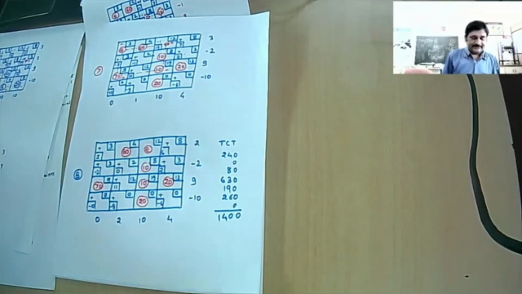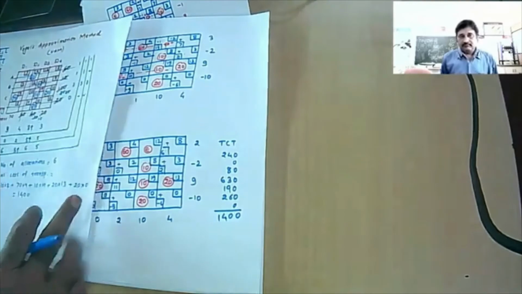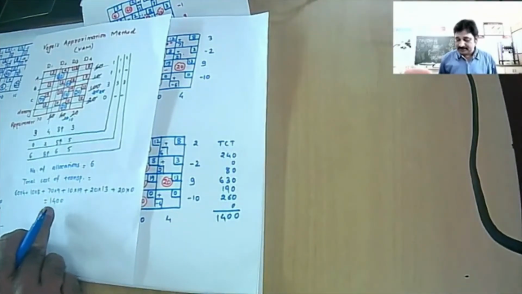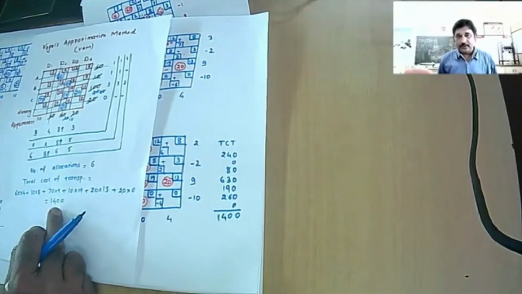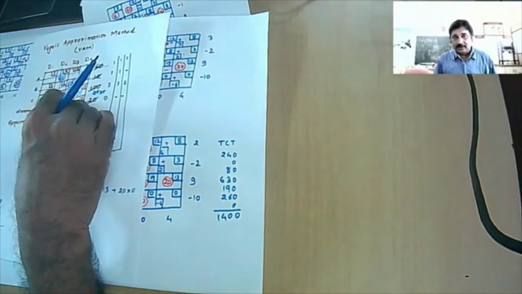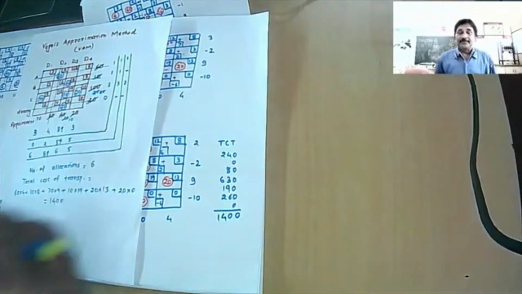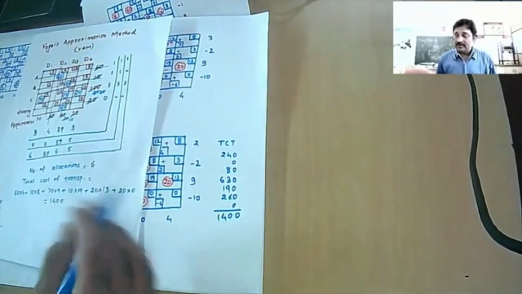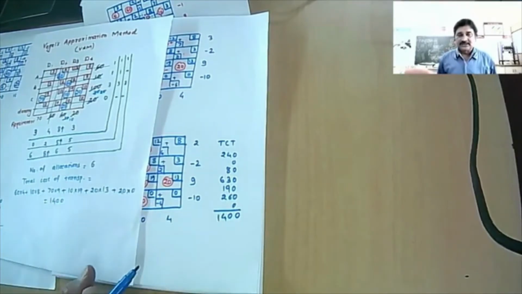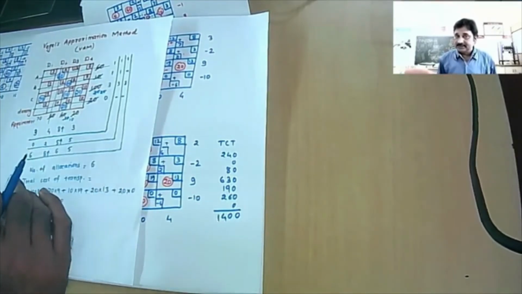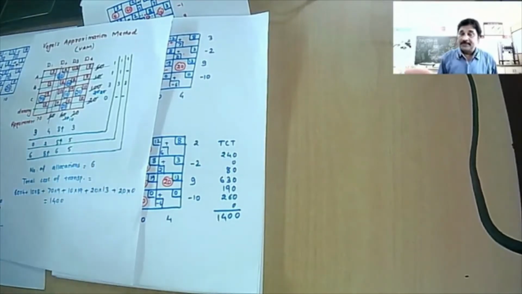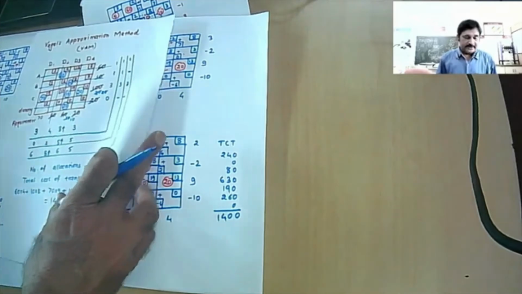This was it. By doing the initial allocation by Vogel's approximation method, it came out to be 1400 itself. But that time we did not know whether this was optimal or not. But if we perform the optimality test on this by the modified distribution algorithm, you will get in just the next iteration that the allocation done by you is optimal. That will take only one iteration.